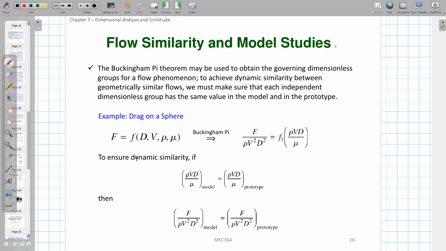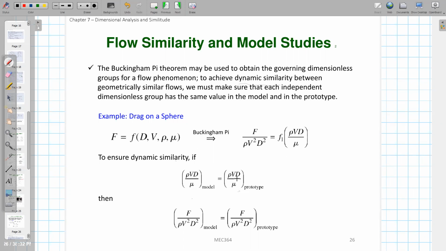So to ensure the dynamic similarity, you just need to make sure that in your model cases, your experimental cases, your Reynolds number is the same as in the realistic problem, which we denote as the prototype case.